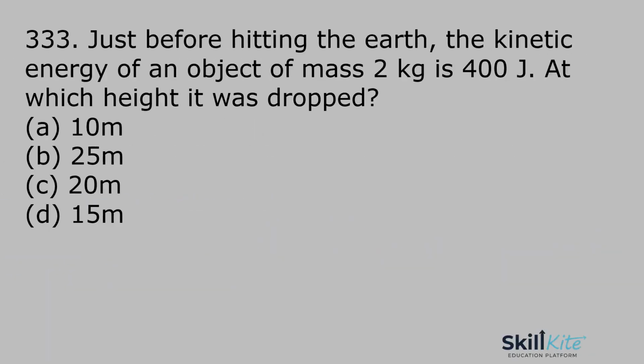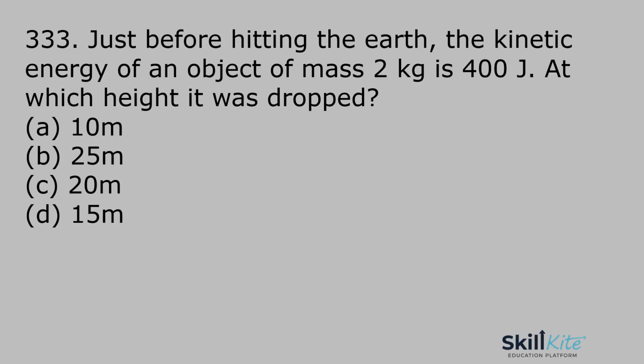Just before hitting the earth, the kinetic energy of an object of mass 2 kg is 400 joules. At which height it was dropped? Okay, so ఇక్కడ ఏంటంటే, from conservation of energy equation, kinetic energy of a body before striking the ground is equals to potential energy of the body at a height h from the ground.